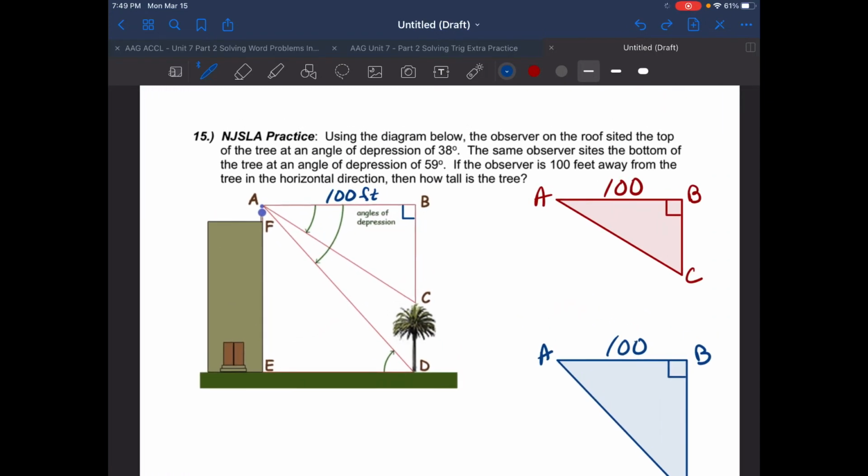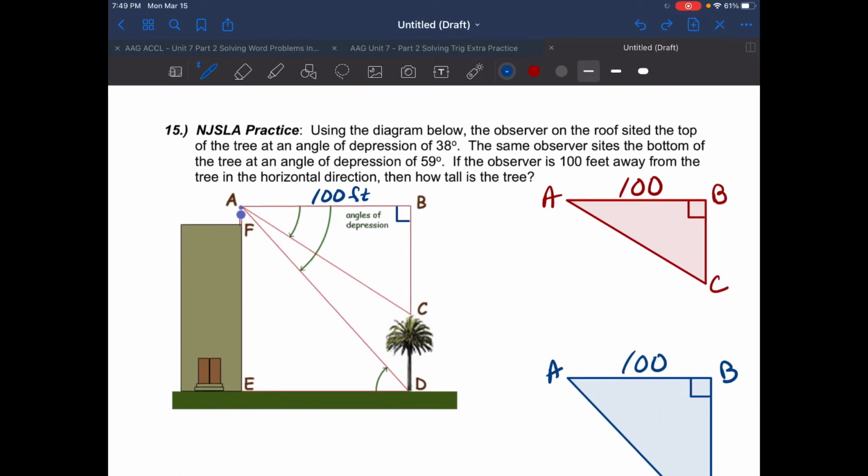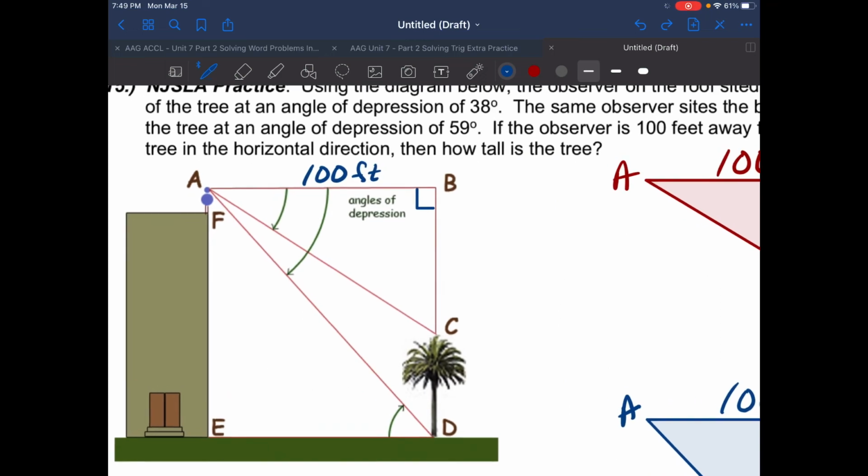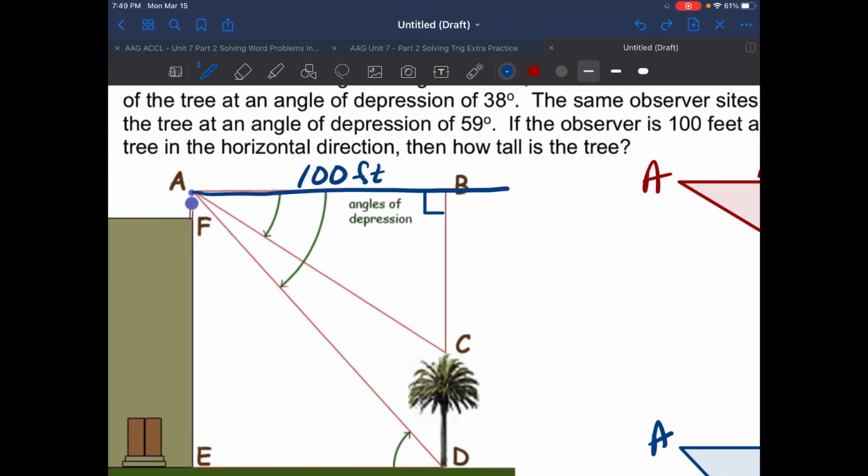All right, now let's go back to the angles here because this is really important. So if you're observing, looking out horizontally, an angle of depression is how many degrees we look down from the horizontal direction. So guys, think about this. In order for this observer to sight the top of the tree, they're only looking down 38 degrees.